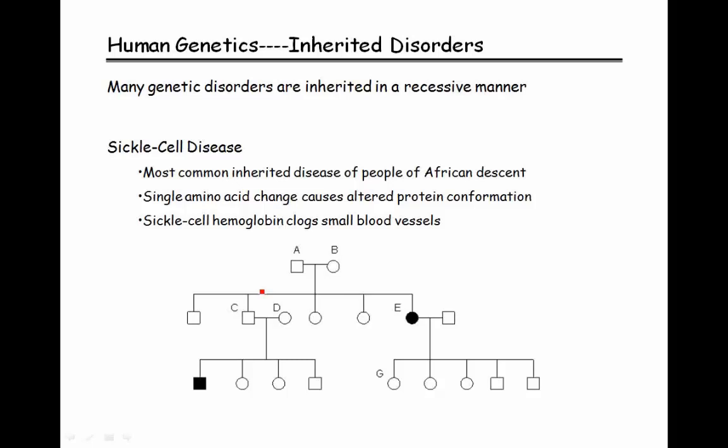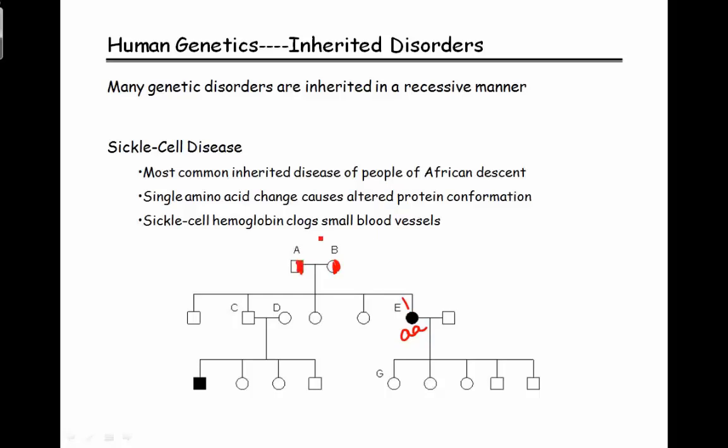It is the most common inherited disease of people of African descent. We've talked about the causes of it, but here in this picture it gives you another good look at a recessive pedigree. This individual over here has sickle cell, so they would be the little a, and well, their parents must have both been carriers, actually.